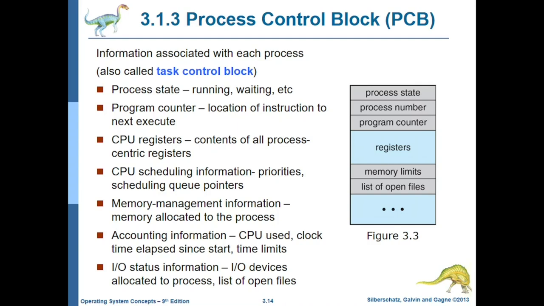What we can say about a PCB is that it is essential to process management because it allows the operating system to keep track of all details of a process to perform operations on it, such as switching between processes, suspending and resuming processes, terminating processes, and so on.